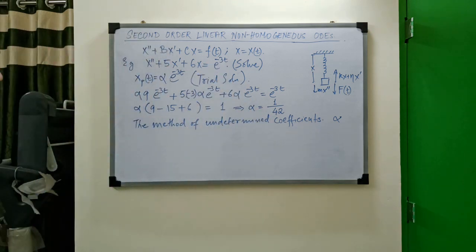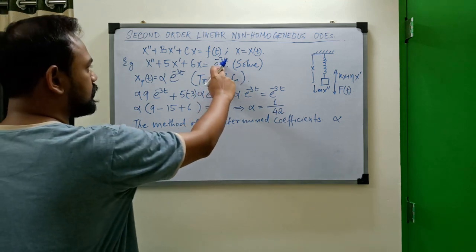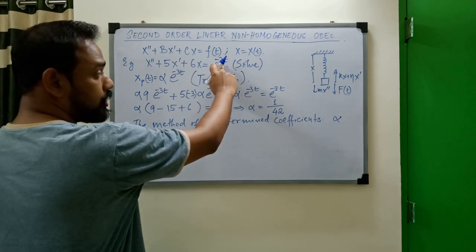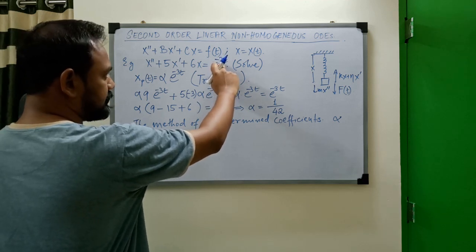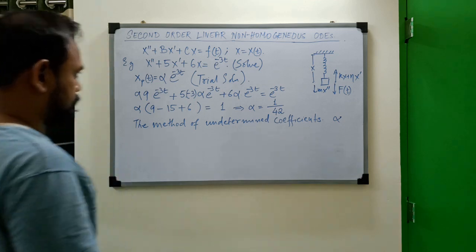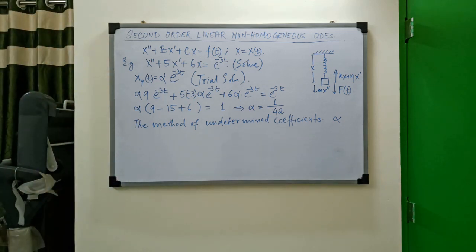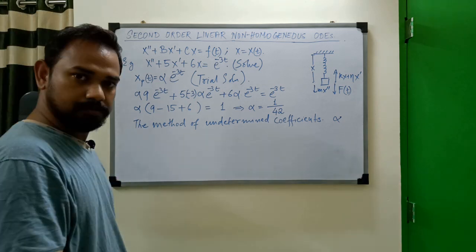So I can't find alpha by this method of undetermined coefficients if the factor here is minus 3. So the process fails. So obviously there are problems.